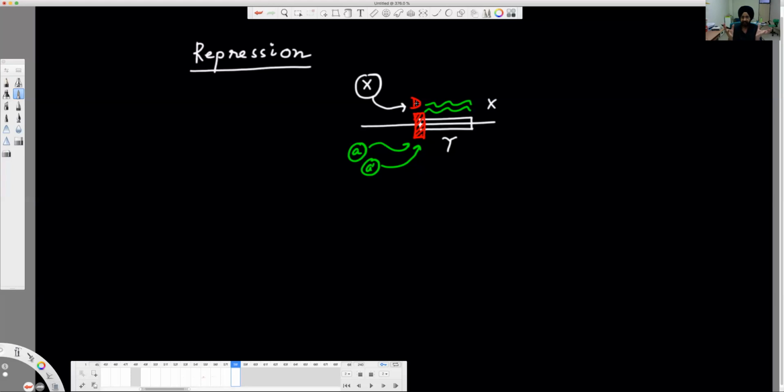It is a naked DNA, and then activators like A and A prime will come and bind to the site and transcribe the gene Y, right? So we need to look at the interaction of X to D, right? X to D, if they are interacting or not, right?